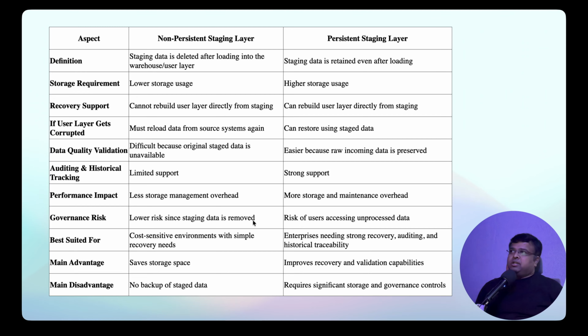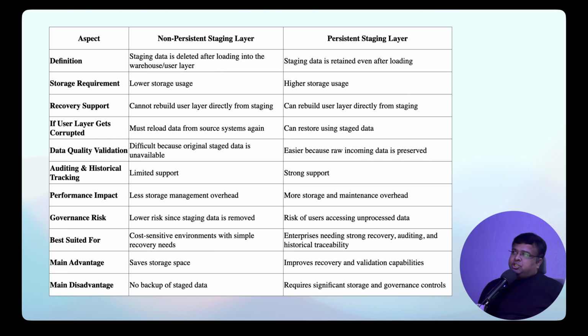A persistent staging layer solves this problem very nicely. Since the original staged data is still available, you can rebuild the user layer directly from staging without reconnecting to every source system. It also makes auditing and data quality validation much easier because the raw historical data is still sitting there. Of course, this comes with trade-offs too.